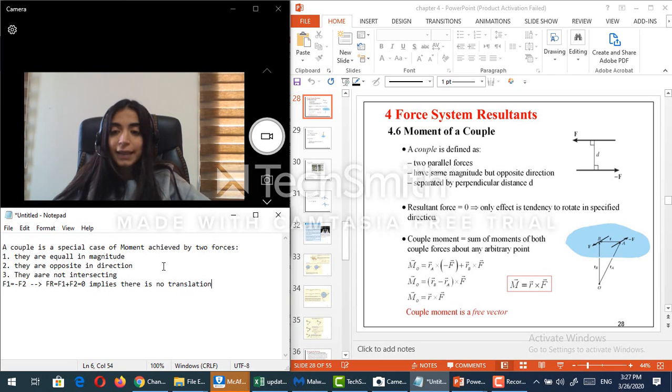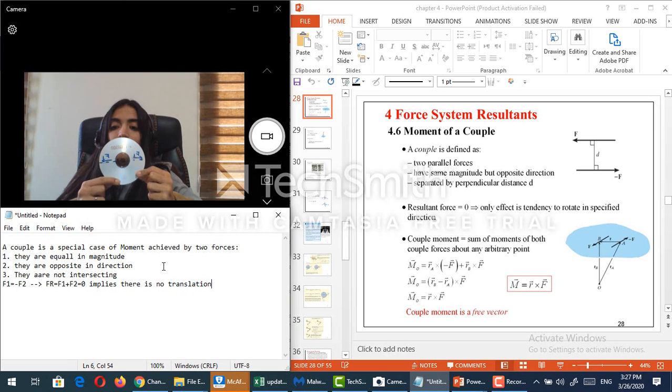There is no translation in this case because F1 and F2 have a resultant force that is equal to 0. So basically, let's take the example of this CD here. I will apply two forces. This is F1 and this is F2.